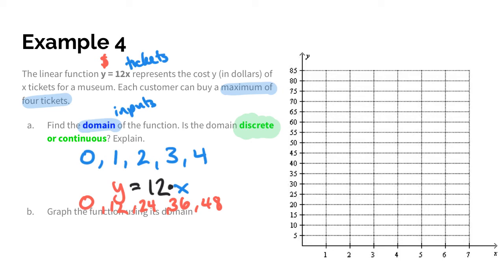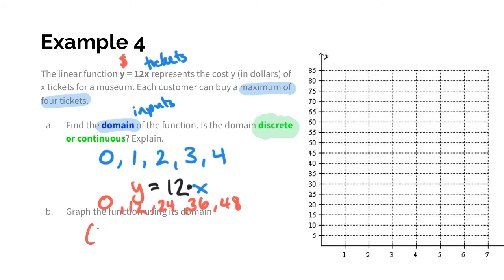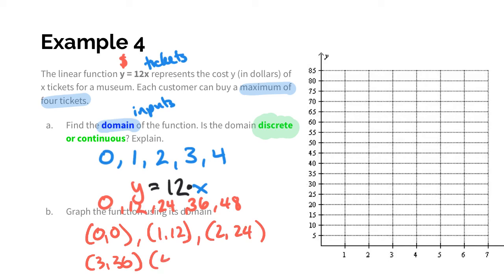So the points on the graph would be, for example, (0, 0), (1, 12), (2, 24), (3, 36), and (4, 48). So then on my graph, I can plot these as points, understanding that my inputs are on my x-axis and my outputs are on my y-axis.